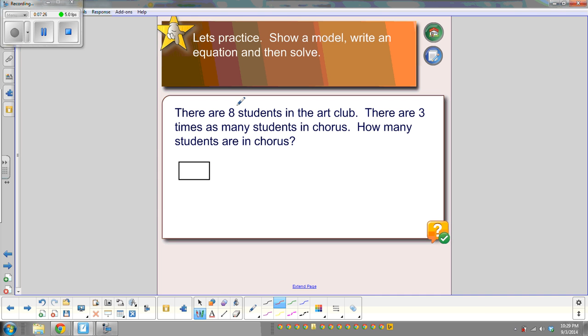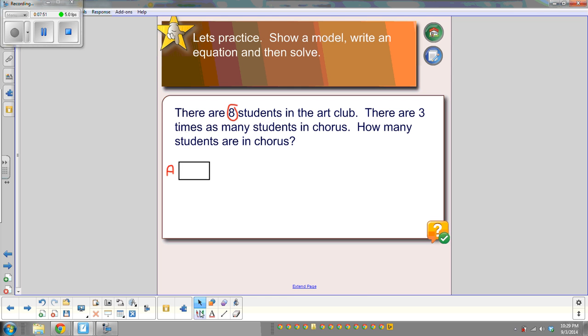The problem is there are 8 students in the art club. Go ahead and make our A here for art club. There are 3 times as many students, horrible circles, sorry, in chorus. How many students are in chorus? So they want to figure out how many students are in chorus. The first thing we need to do is draw our models.